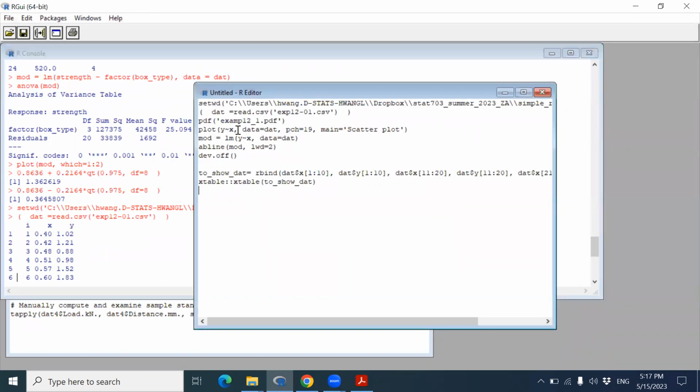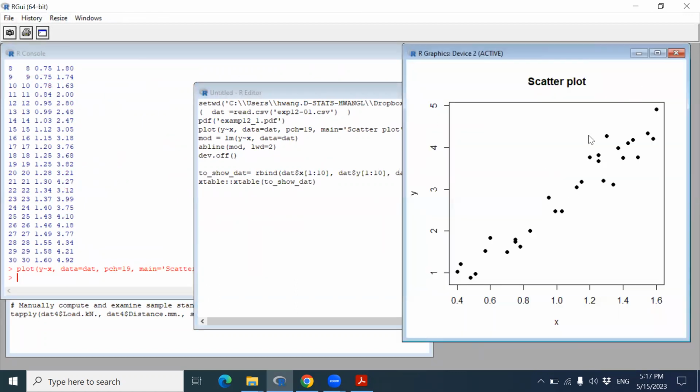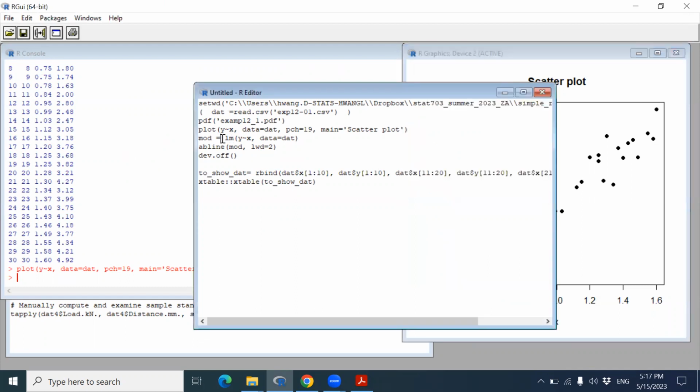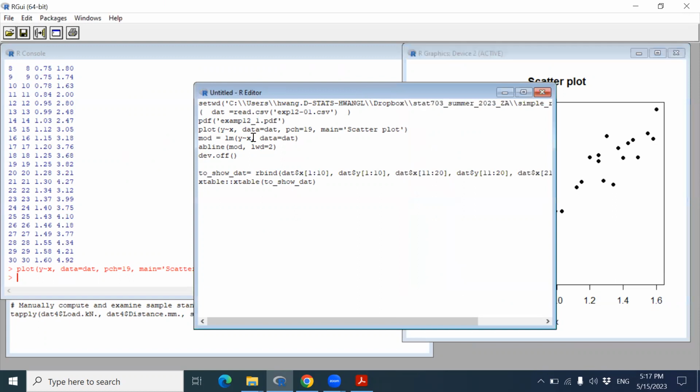So the next part is to run the plot. For the plot here, it shows a pretty clear linear pattern. And then when we try to fit the regression line, we'll directly run it with this lm, linear model.